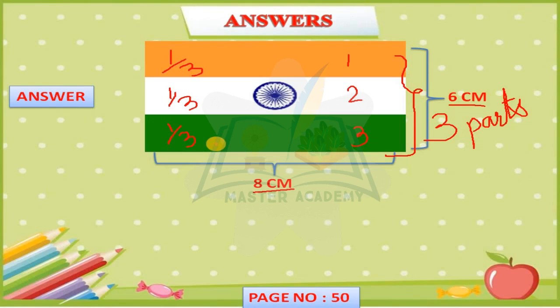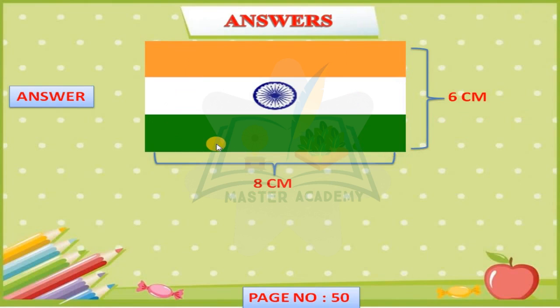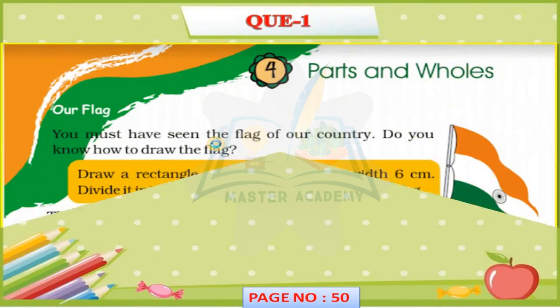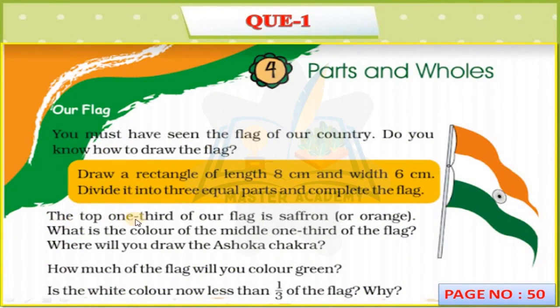Now we will move on to the second question. Read this. The top 1/3 of our flag is saffron or orange color. I have explained that to you. What is the color of the middle 1/3 of the flag? Middle one is white.